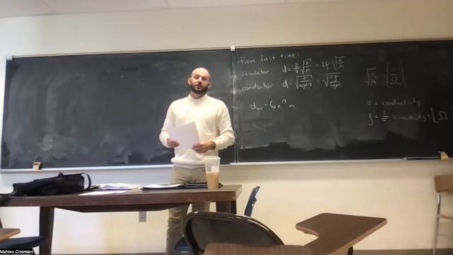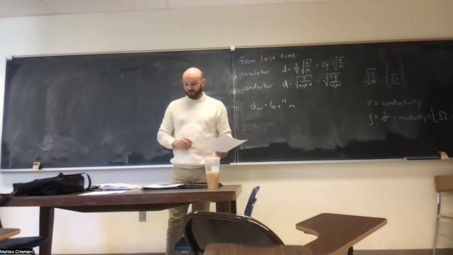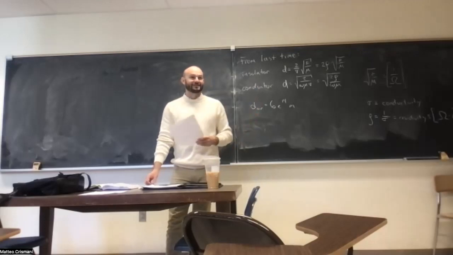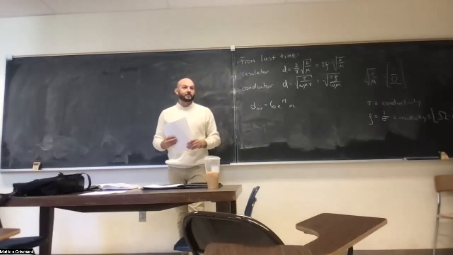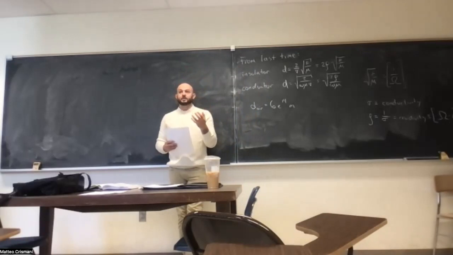What I'm doing right now is going off script, and that has everything to do with the fact that I think radiation is so interesting, because it allows us to connect moving charges and how they work in matter to our ability to probe them and understand what they are.